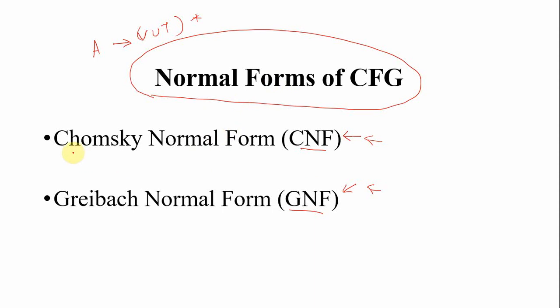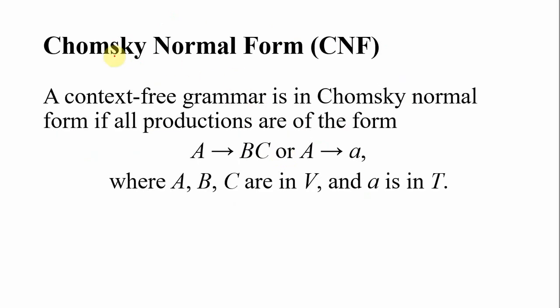Now let's understand when we can say a grammar is in CNF. We are talking about context-free grammar and the normal form CNF, that is Chomsky normal form. A context-free grammar G is in CNF if all the productions satisfy the following form: all the productions are of the form A gives BC or A gives a.